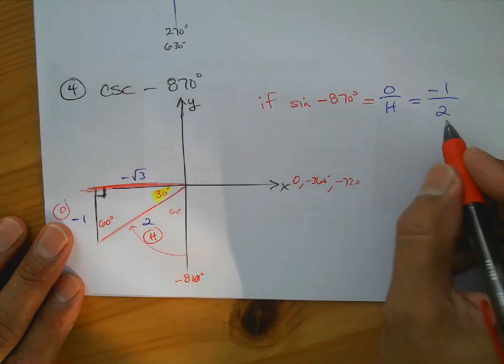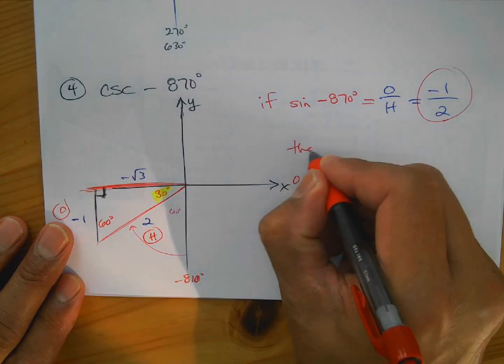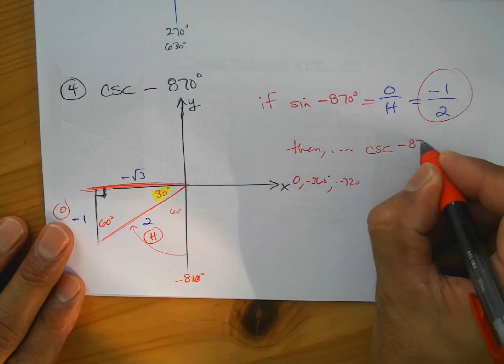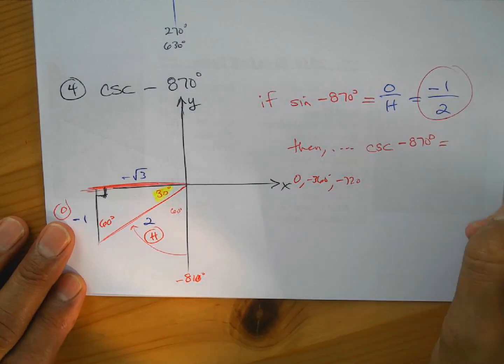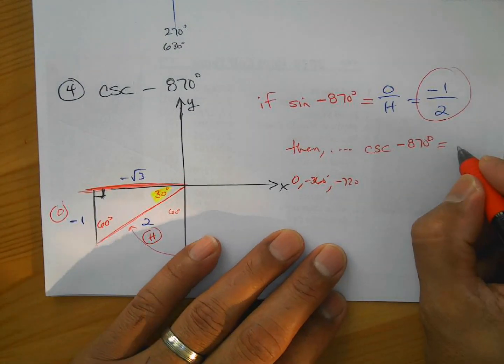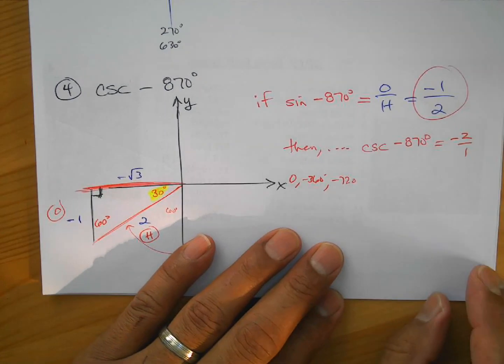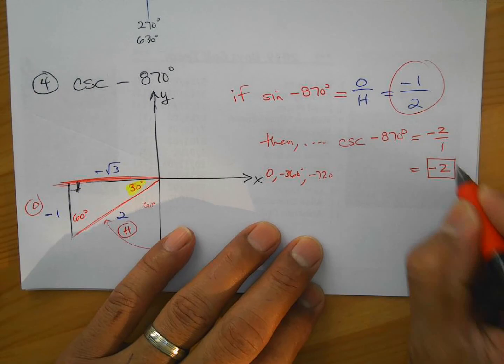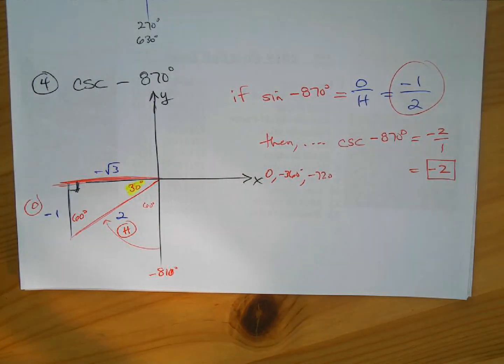So if that is true for sine, then that means that cosecant of negative 870 degrees would be the reciprocal of negative 1 over 2, which would be negative 2 over 1. And the answer is what? Negative 2, right? Okay, there it is. Easy.